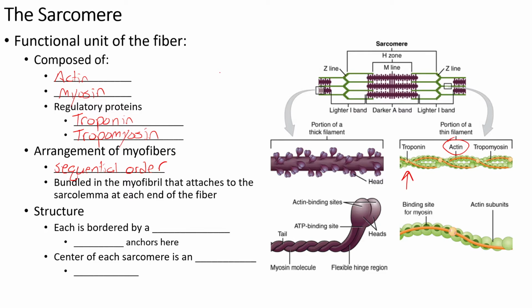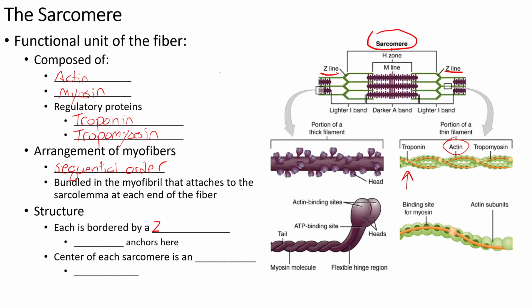So the sarcomere itself being the functional unit, we need to classify what actually is a sarcomere. The sarcomere is an arrangement of actin and myosin. If we look here, I'm going to circle the sarcomere. We have this thing called a Z line, and we have another Z line. Those are the borders.